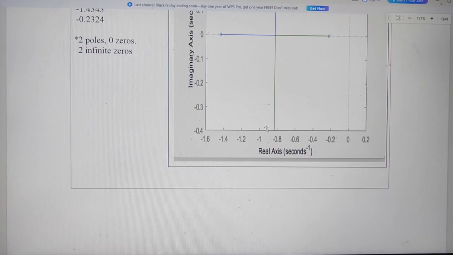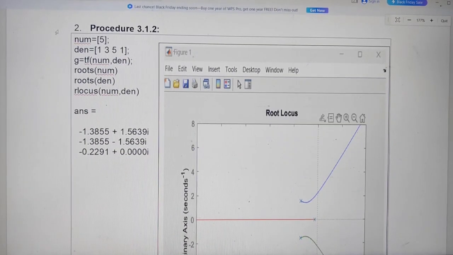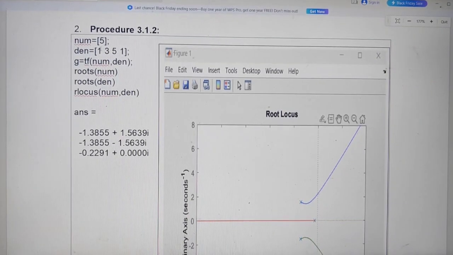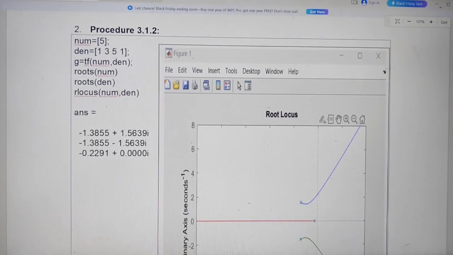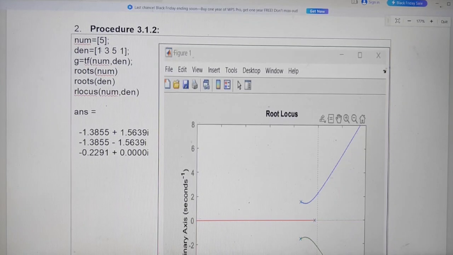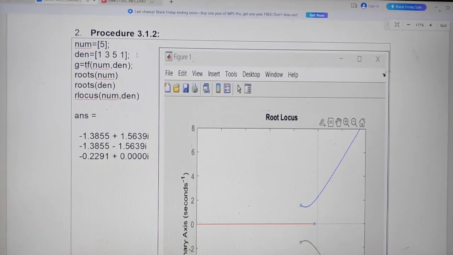For exercise 2, the numerator is 5 and the denominator is 1 3 5 1, which is s cubed plus 3s squared plus 5s plus 1.